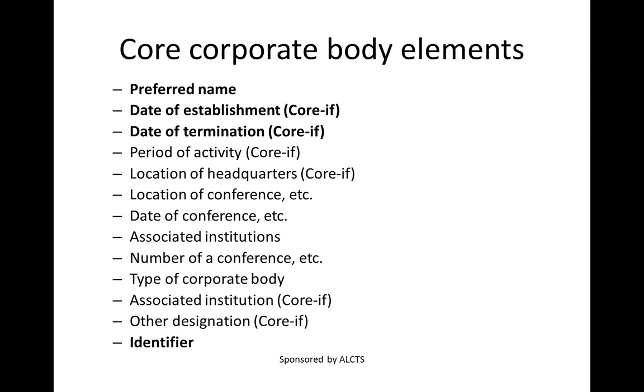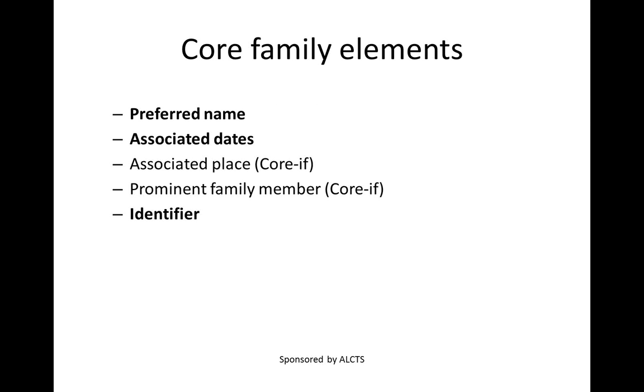For corporate bodies, there's a more extensive list of core elements, though again very similar overlapping DACS and RDA requirements. And finally, with families, a much shorter list, but again the same basic overlapping categories of preferred name, associated dates, and identifier.